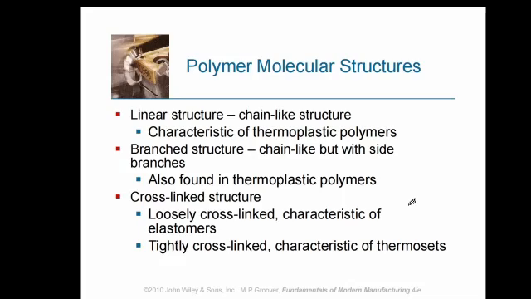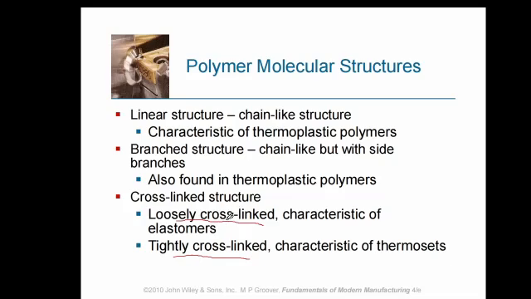And then in terms of polymer structure, we have talked about this, where we have linear, branched, or sometimes cross-linked structure. In terms of cross-linked structure, you can have loosely cross-linked. Sometimes you can have tightly cross-linked.